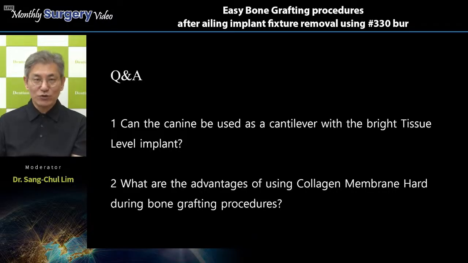In that case, you should use this long-lasting hard type collagen membrane, right? Another reason is space maintaining. This stiff membrane gives us space maintenance without other devices like tenting screws. So it has a self space-maintaining characteristic.